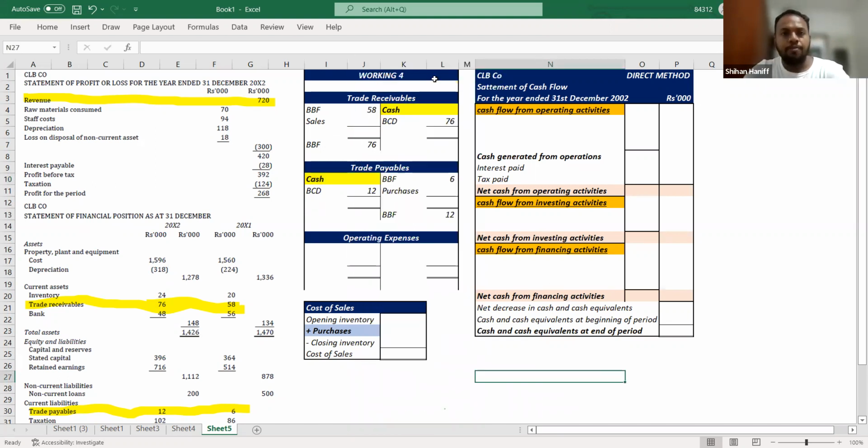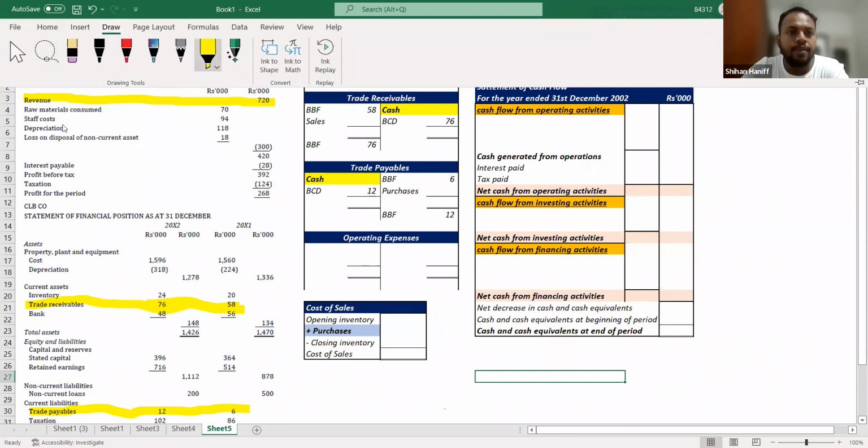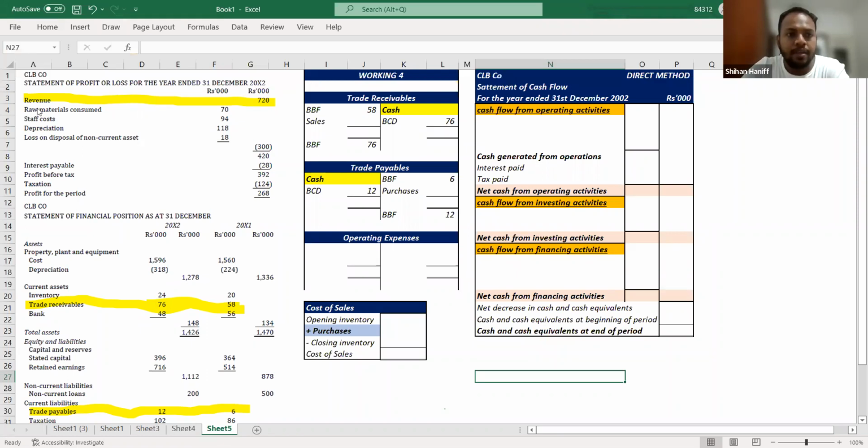Okay, so in most of the questions, you won't get the purchases, but you will have the cost of sales. So in this question, they have given the raw material consumed. Raw material consumed in the cost of sales. So that is the cost of sales, 70. So prepare the statement of cost of sales, 70. This is also common for all the questions.